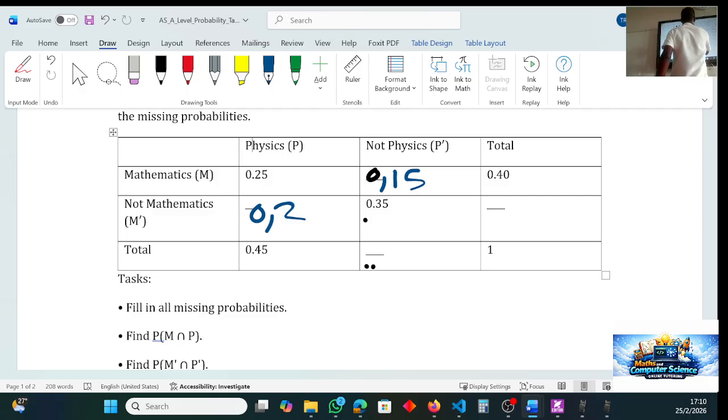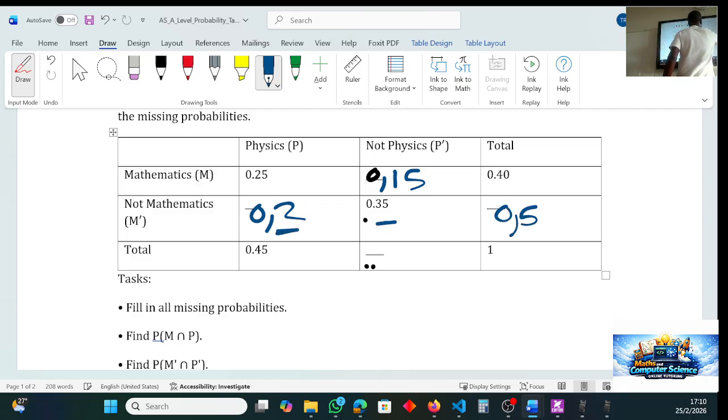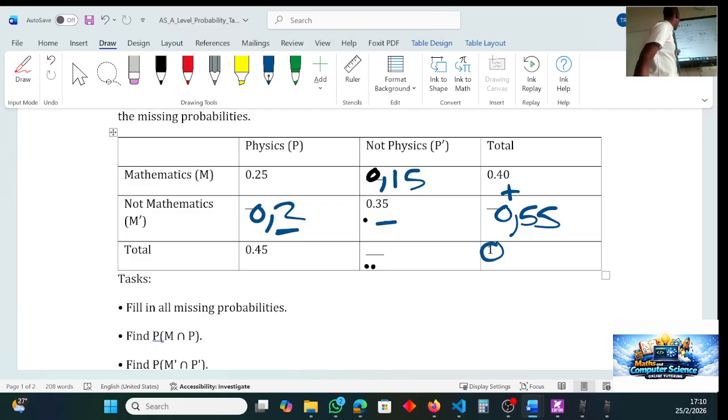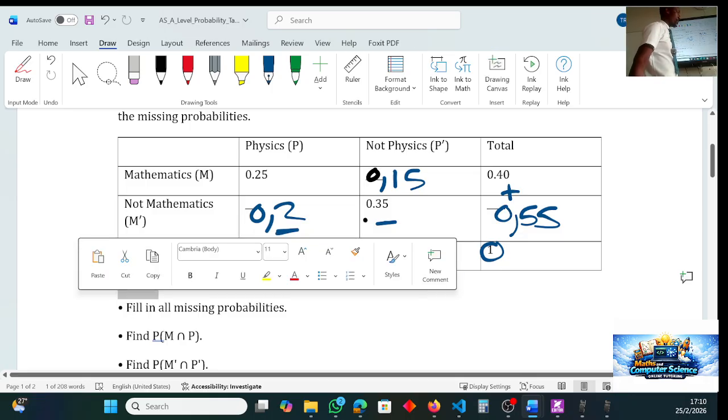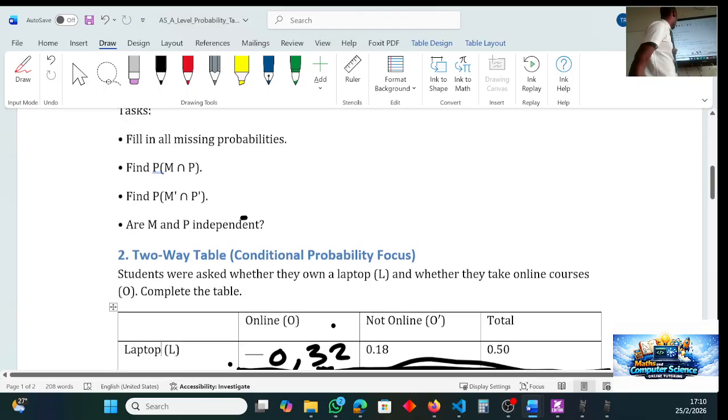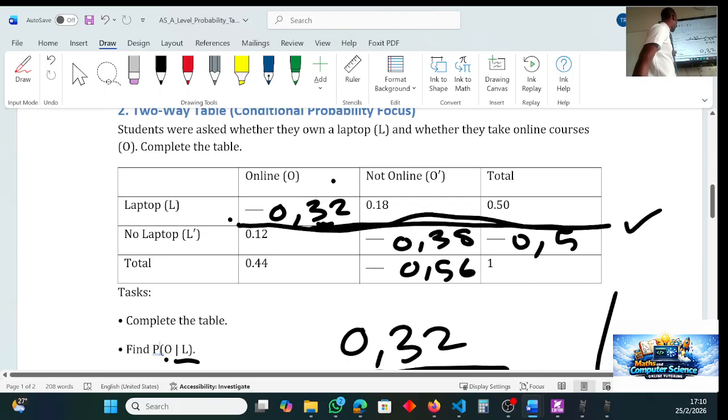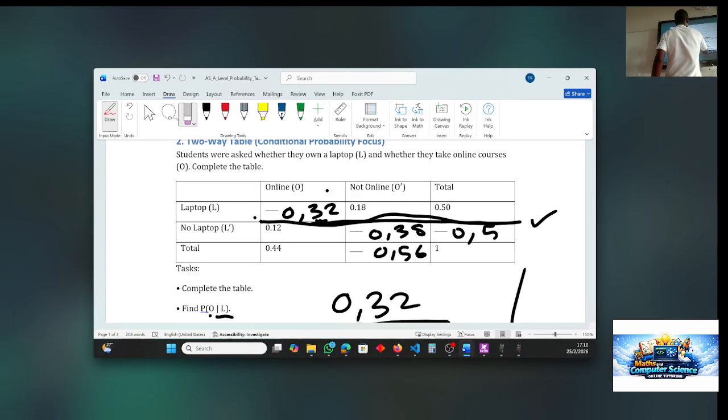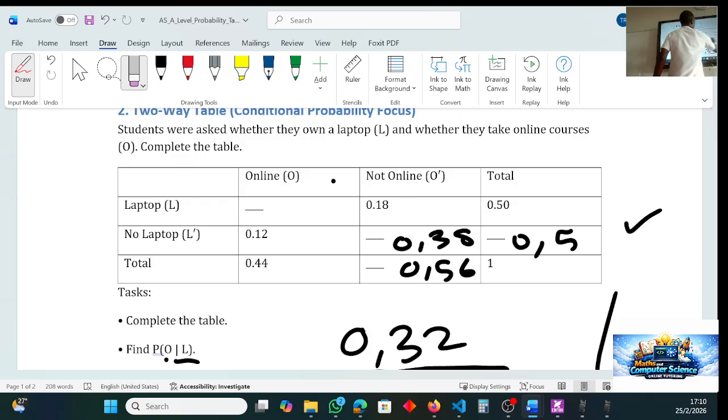These are some of the things that you need to inspect. 0.2 plus 0.35 gives us 0.55, and this sum doesn't add up to 1. Hence, it's forcing me to move to the next table so that we can discuss it. So let me just erase this, then we'll properly discuss it.